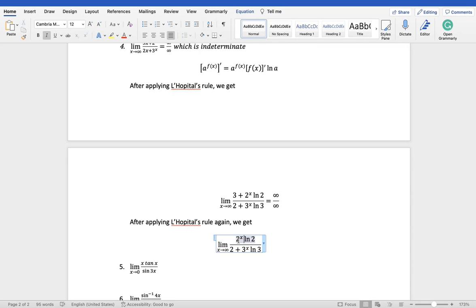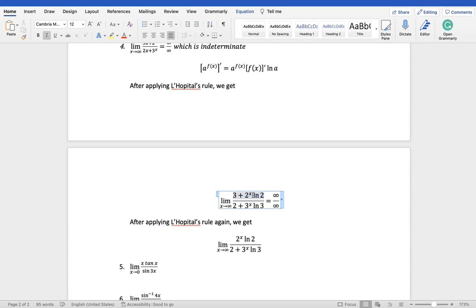Think about it here. We have 3 plus 2x ln 2. So when you find the derivative of 3, it's 0. Okay, so it's 0. Plus the derivative of 2x ln 2.